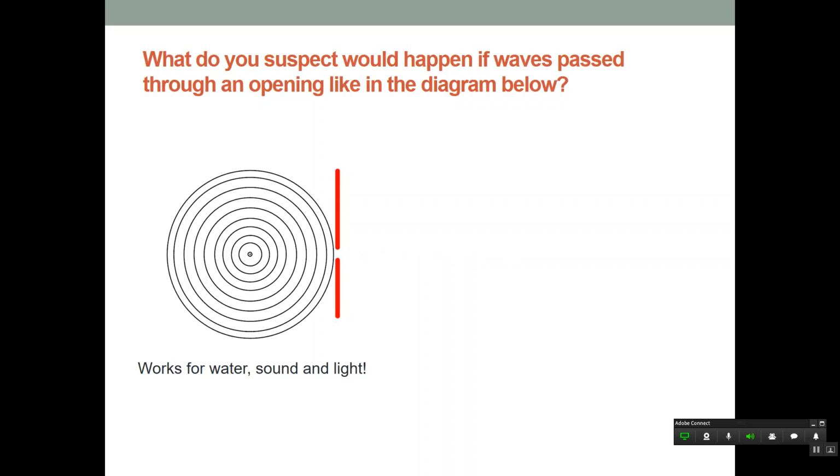Alba? Yeah, exactly. So it'll be like there's another drop of water right here going in that direction. So what you might have is something that looks like this, and that's diffraction.